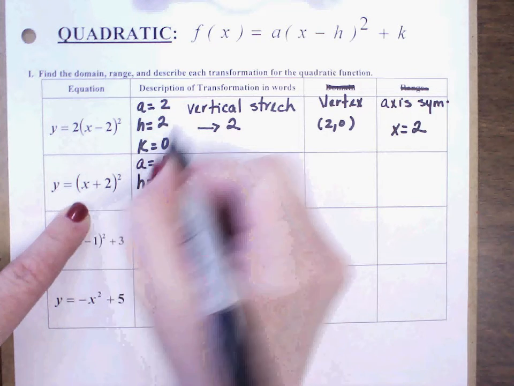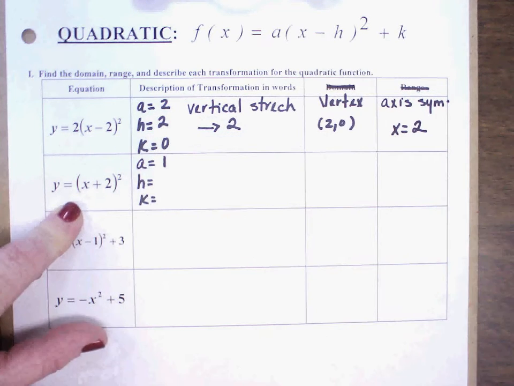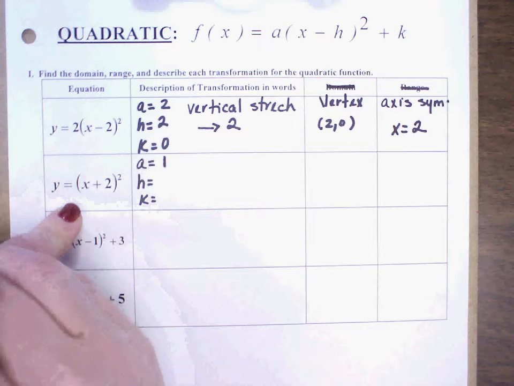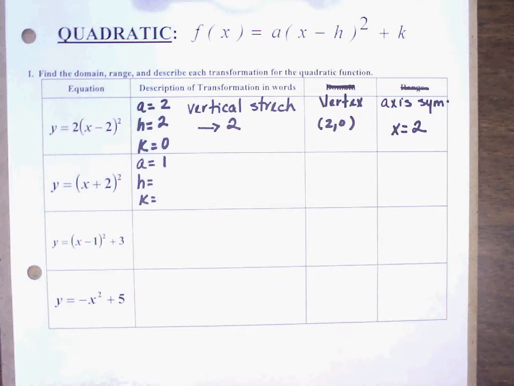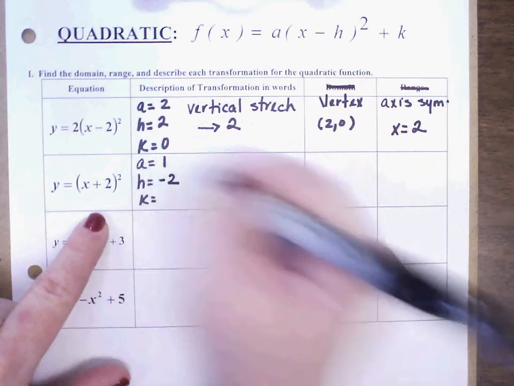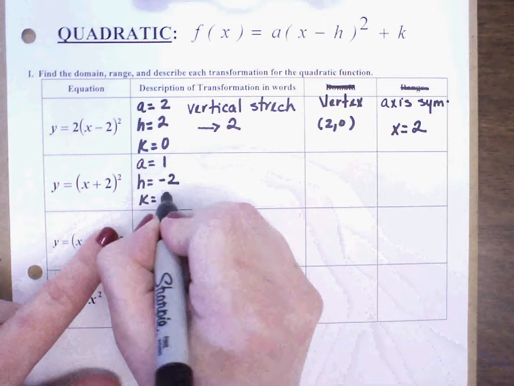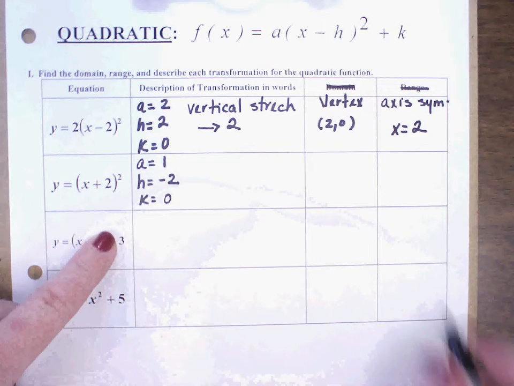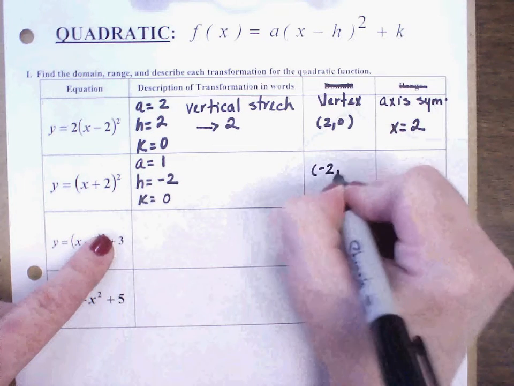All right, let's do the vertex. Let's do A. I like to first do all three letters. What's A? Really? There's a 0 over there for A? What is A? 1. Thank you so much. There's a difference between multiplying and not being there. I don't have to say plus 0. I don't have to write 1 times X. It's just 1X.